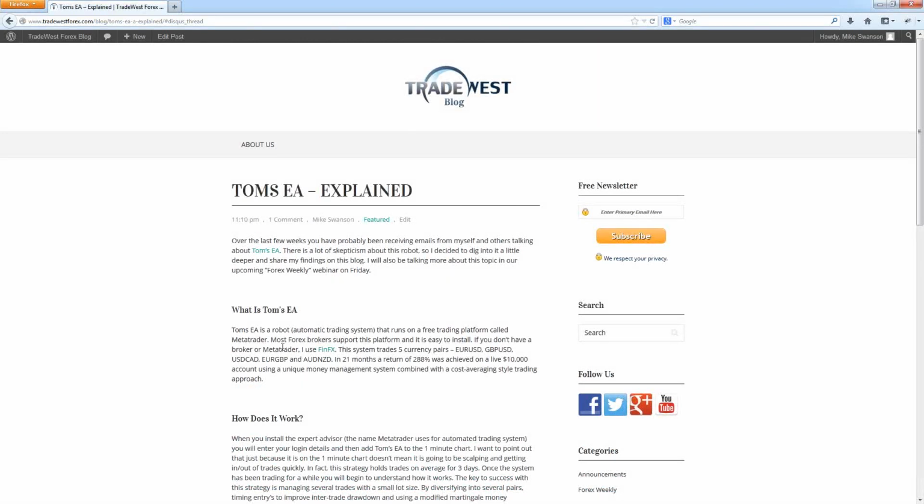As you can see here, Tom's EA is a robot, which means it's an automatic trading system, and it runs on MetaTrader. How many of you don't know what MetaTrader is? Is there anybody that has not used MetaTrader before? MT4, MetaTrader, has a few different names.